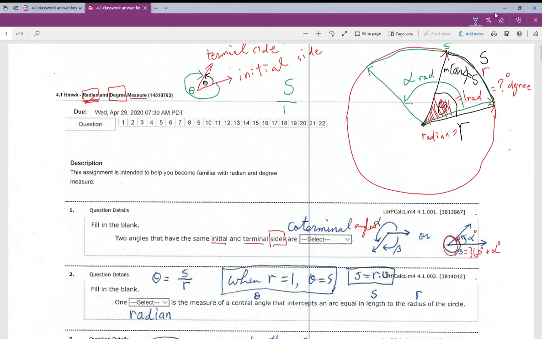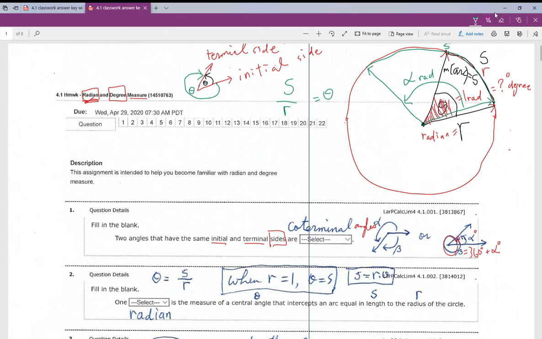So that's the radian. S divided by R, you can check how many radian you have.